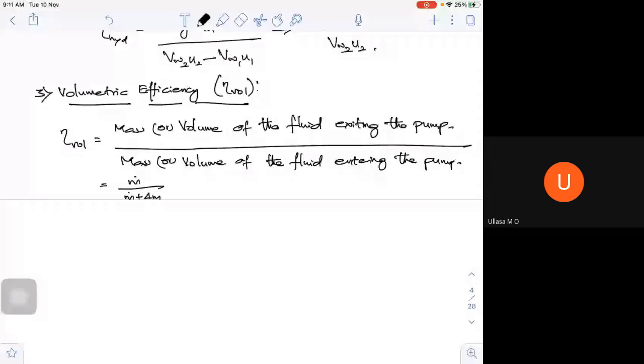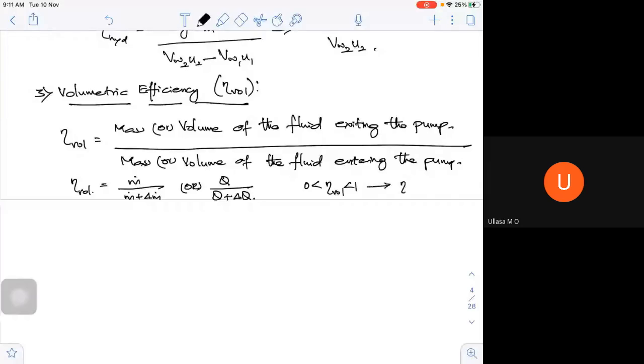In terms of discharge, this is Q by Q plus delta Q. So more fluid enters your pump, but there is something lost. This volumetric efficiency is between 0 and 1. Most of the time we want this to be between 0.9 and 0.98, which is roughly what we consider when designing the pump.